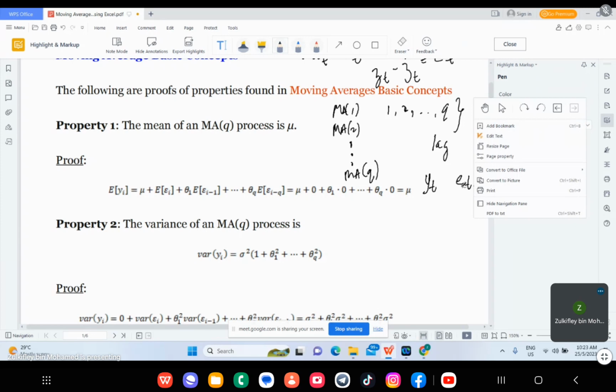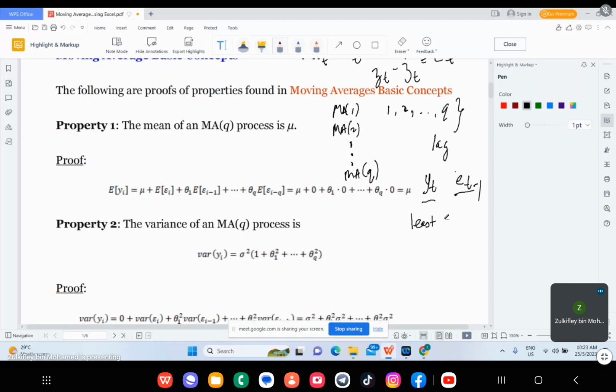Kita gunakan least squares method untuk regress. Maknanya regress ni kita dapatkan persamaan ataupun kita mencari hubungan di antara YT dengan epsilon T minus 1.